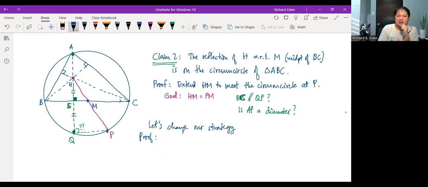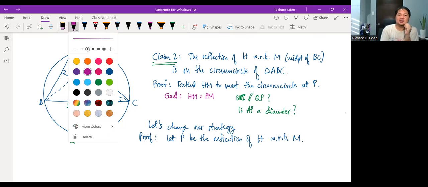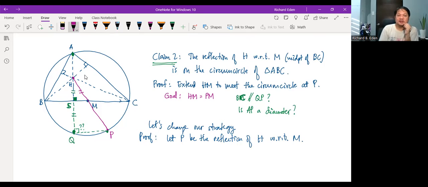Let P be the reflection of H with respect to M. So that we know for sure that HM equals MB. Okay, so ngayon ang question na lang natin, hindi natin alam if point P is on the circle.